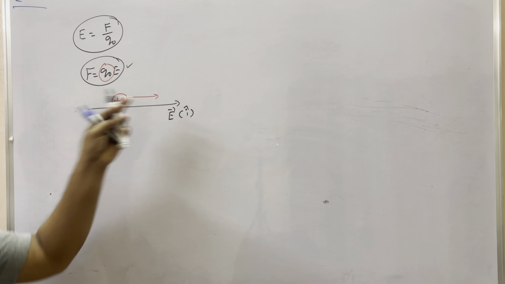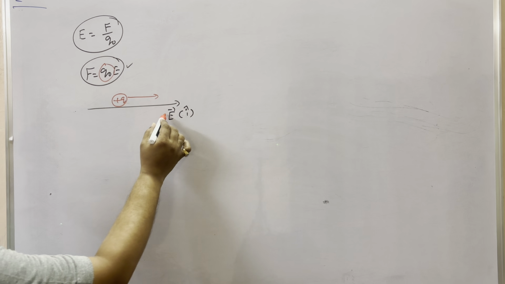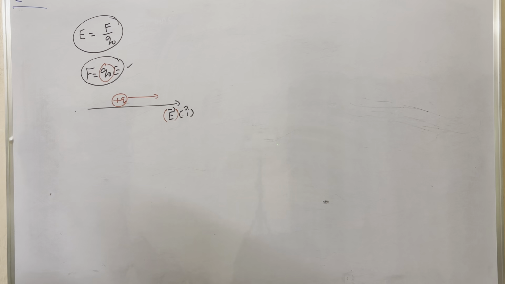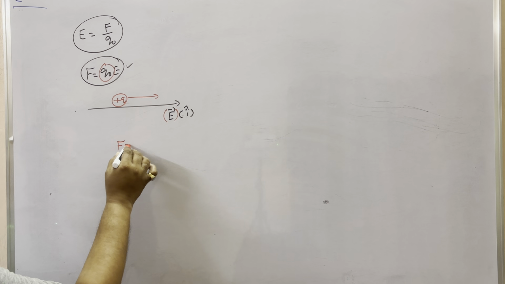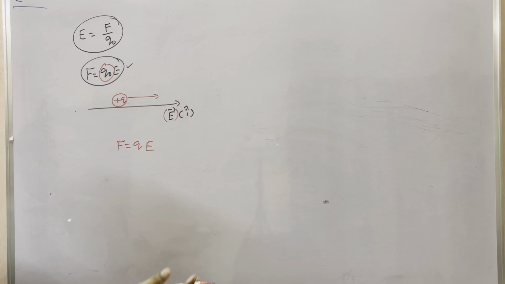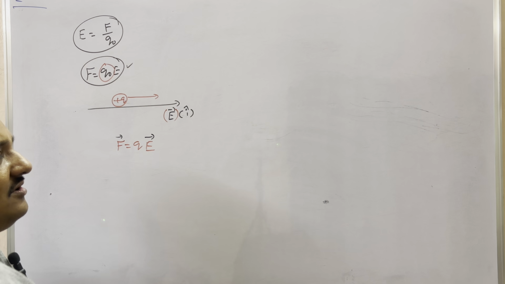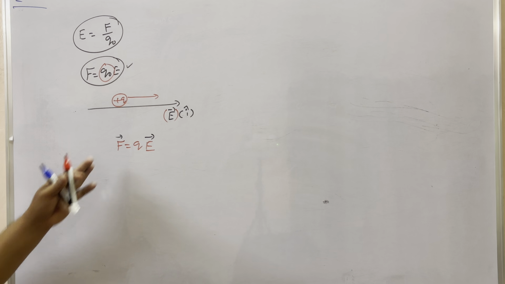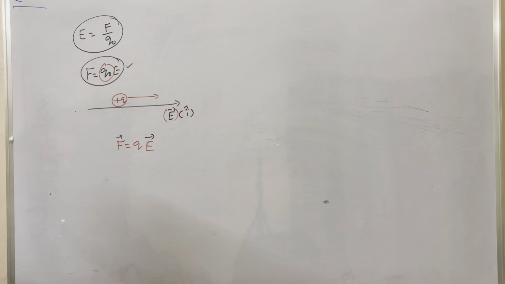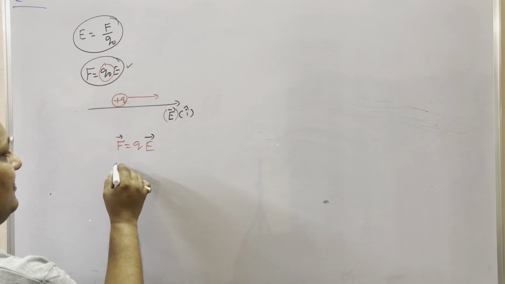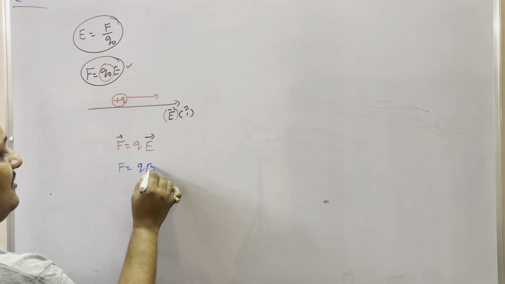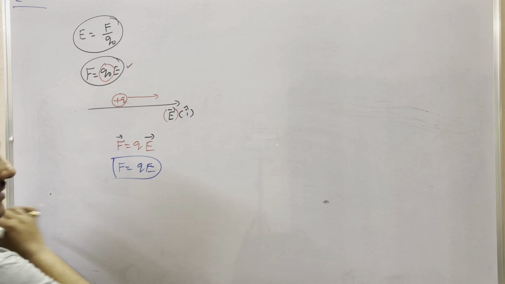How much force acts on the charge? F is QE. In terms of direction, F bar is equal to Q E bar. So here we talk about magnitude: F is equal to QE.